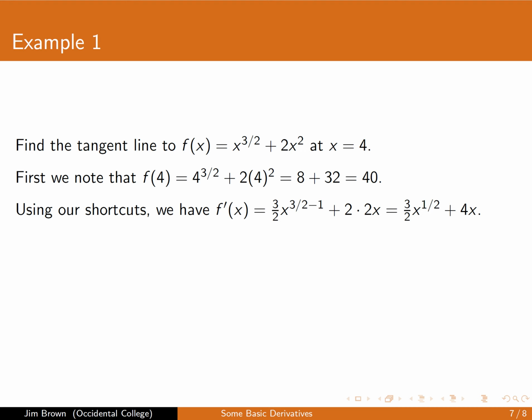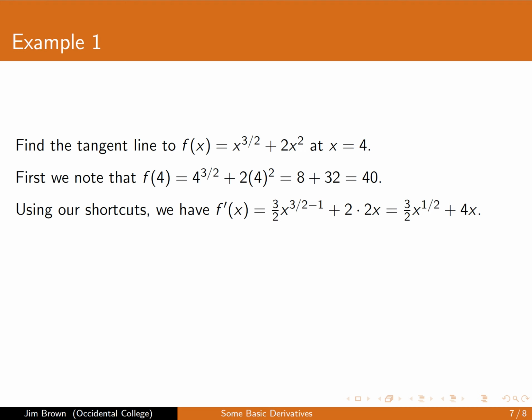Since the derivative of a sum is the sum of the derivatives, I can then take the derivative of 2x squared. That 2 is a constant, so the derivative of 2x squared is 2 times the derivative of x squared. We know the derivative of x squared by the power rule is 2x, so that gives me 4x for the second term. Overall, the derivative is 3/2 x to the 1/2 plus 4x.